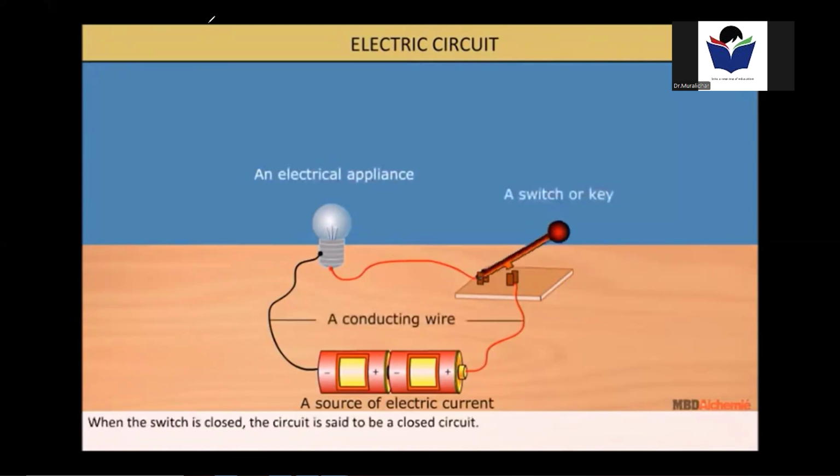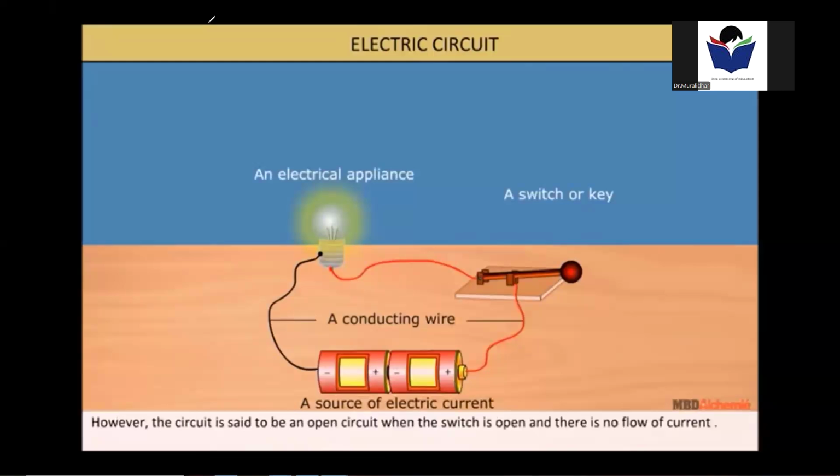When the switch is closed, the circuit is said to be a closed circuit. In this condition, current flows and the appliance works. Example, the bulb glows. However, the circuit is said to be an open circuit when the switch is open and there is no flow of current.